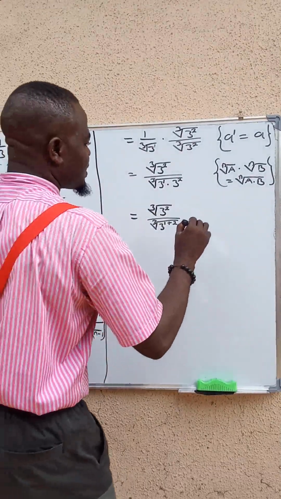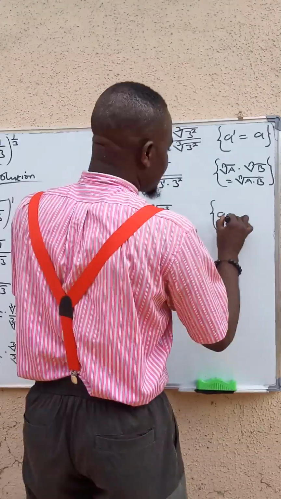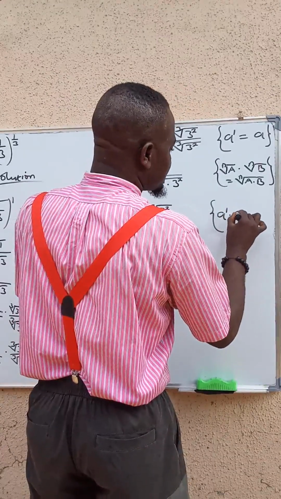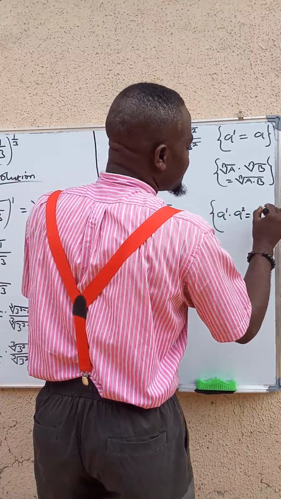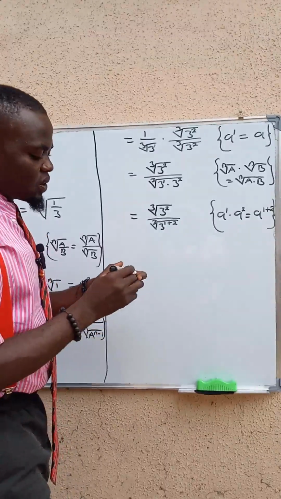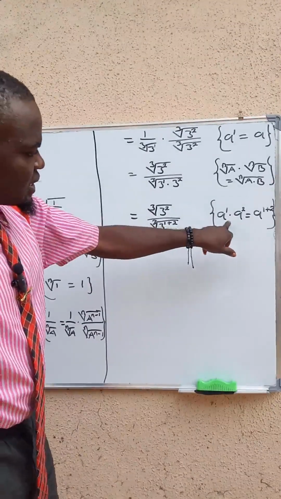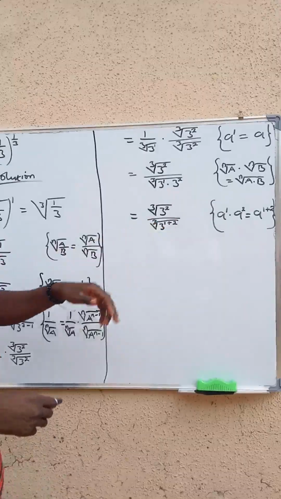Yes, because if you have a raised to the power of 1 dot a raised to the power of 2, you see the same thing as a raised to the power of 1 plus 2, since they have the same base, you add the power. That's what I did here.